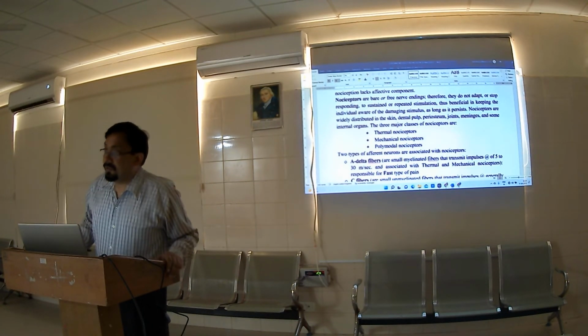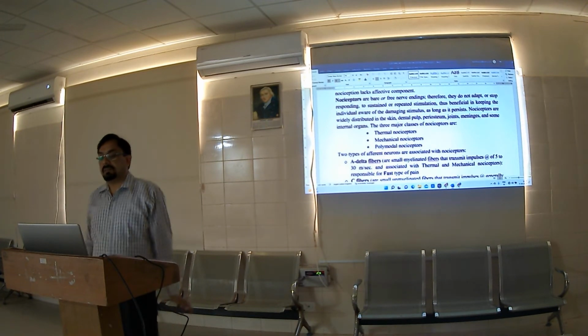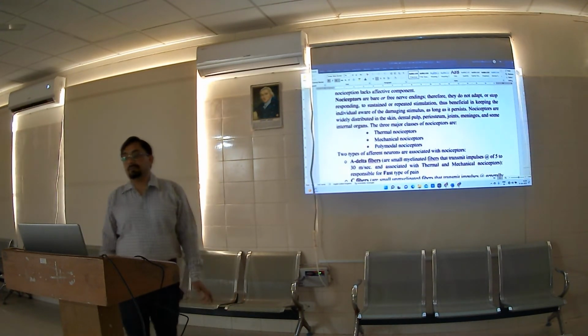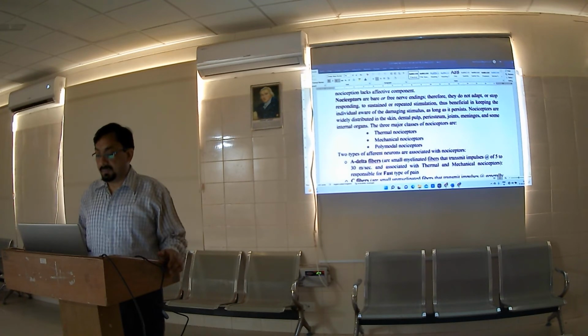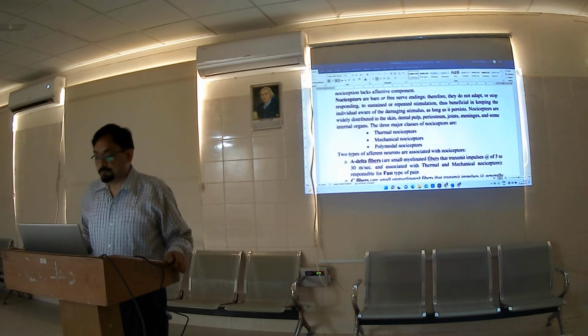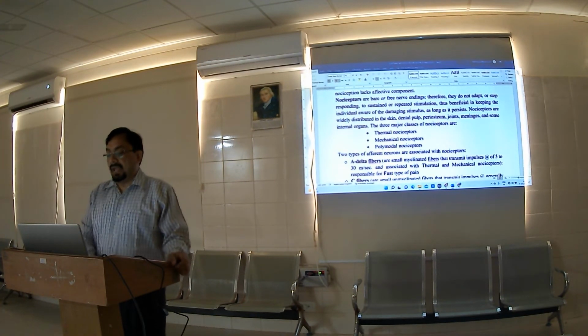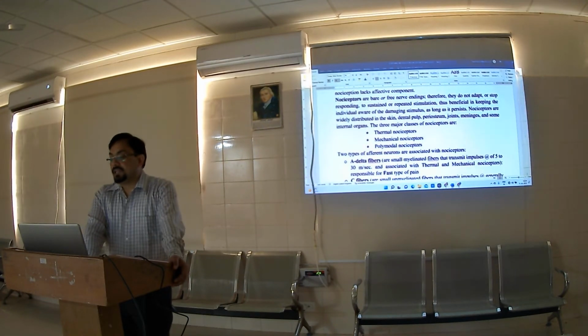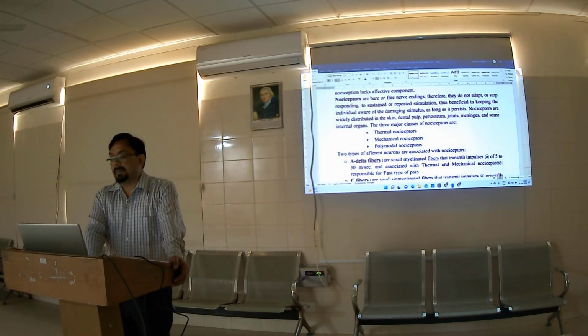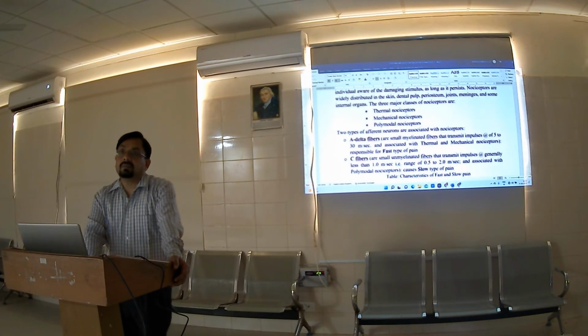Three major classes of nociceptors: thermal nociceptors, mechanical nociceptors, and polymodal nociceptors. These are the three major. And two types of afferent neurons are associated with the nociceptors: A delta fibers and C fibers.